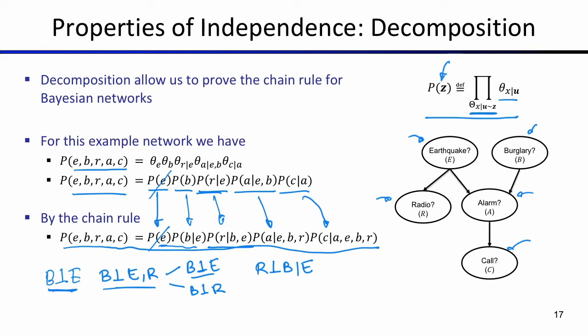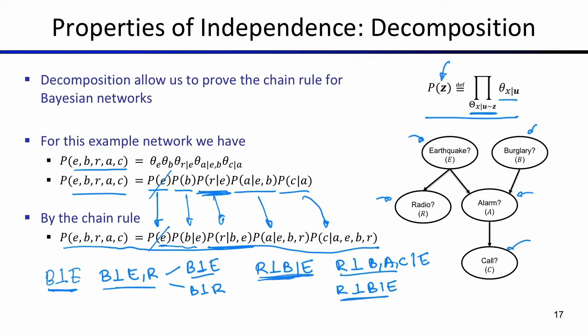Let's take a look at the variable R. The Markovian assumption says that R is independent of its non-descendants, there are B, A, and C, given its parent, that's E. So again, I don't have a match between the assumption that is implied by matching this guy here with this guy here, but using the composition, I can show that R is independent of B given E. So I decomposed this guy here into this, and I have a match with this guy here.